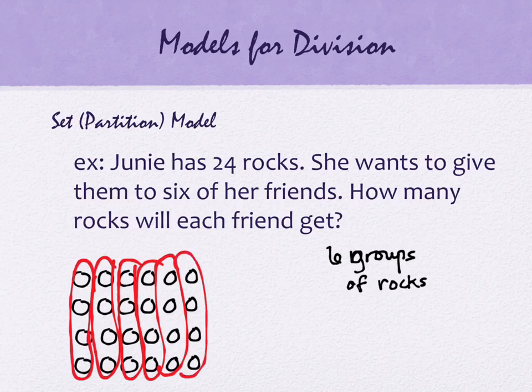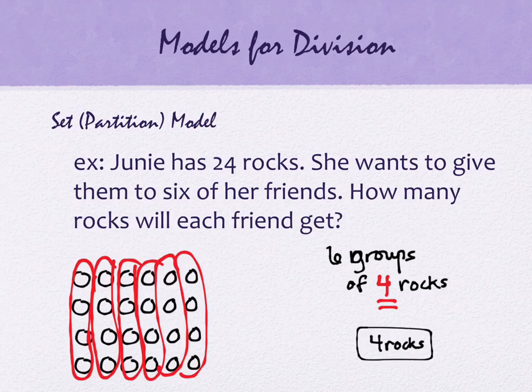There are 6 groupings. There are 6 groups of specifically 4 rocks, and 4 would be my number of rocks each friend gets then. Okay, so this is one version of a set partition.